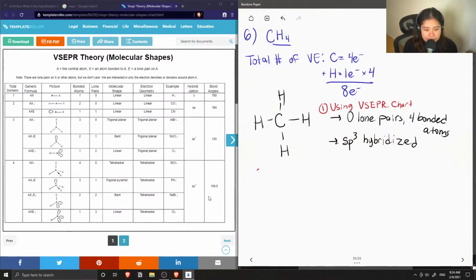But let's say we aren't given a VSEPR chart, like during a quiz or something, so we just need to find its hybridization. Another method we can do is by counting the number of charge clouds. So charge clouds are both the lone pairs plus any bonded atoms or bond pairs.